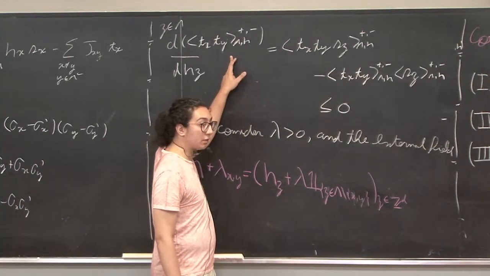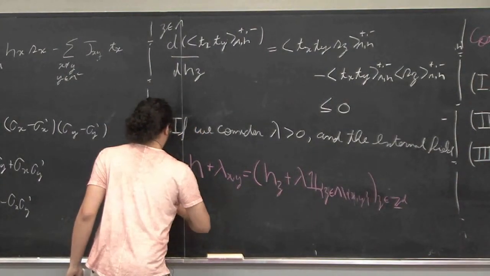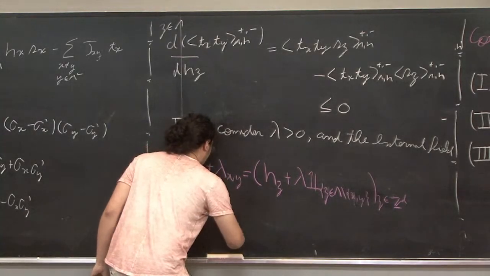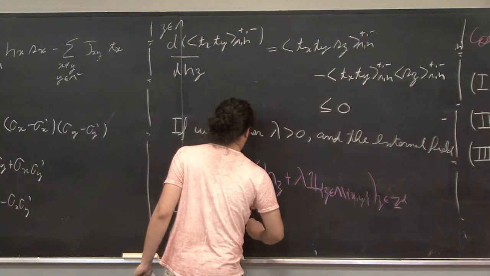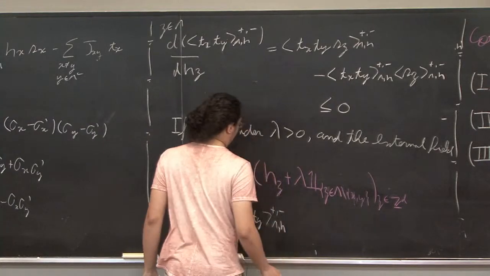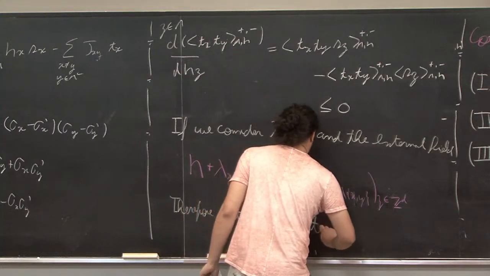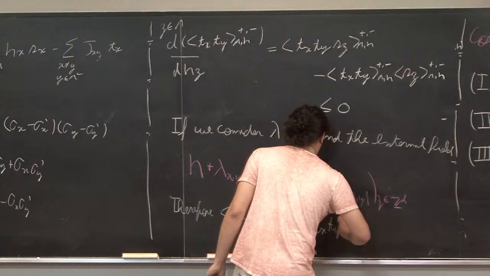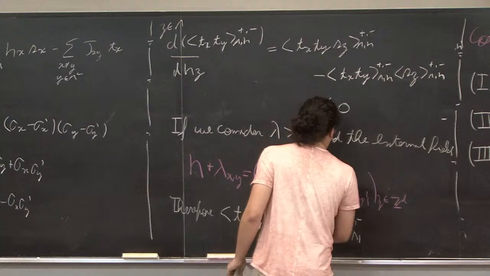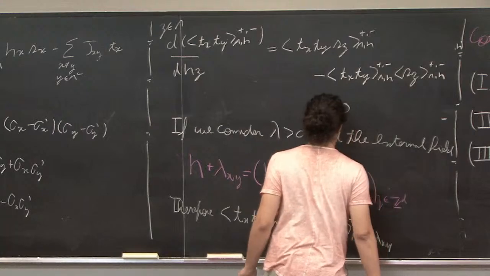This thing is decreasing. So we can upper bound this, therefore the original thing we wanted to bound, d_x d_y plus and minus lambda h, is actually smaller than d_x d_y plus and minus lambda, and now we have this external field lambda x y.